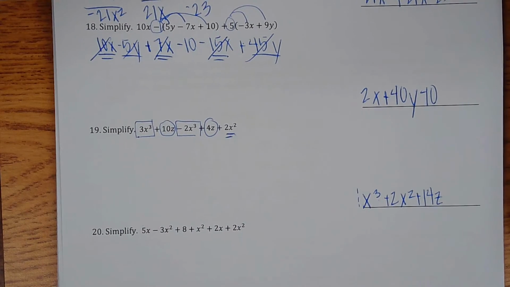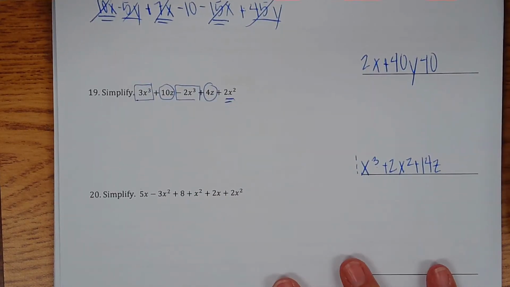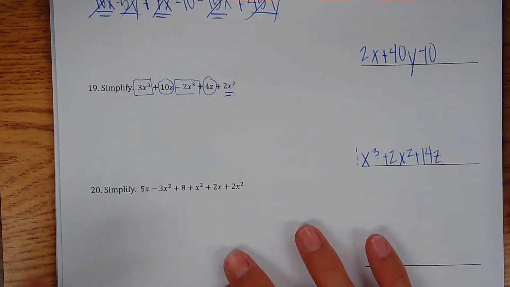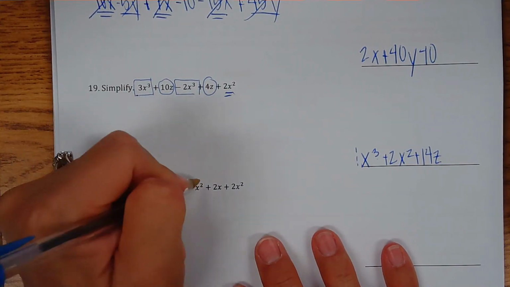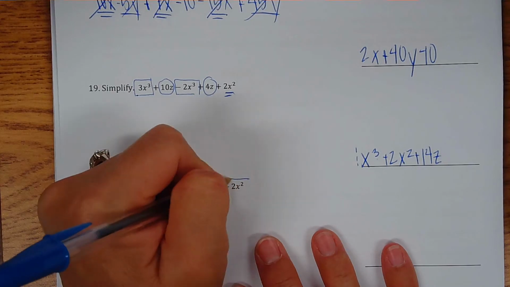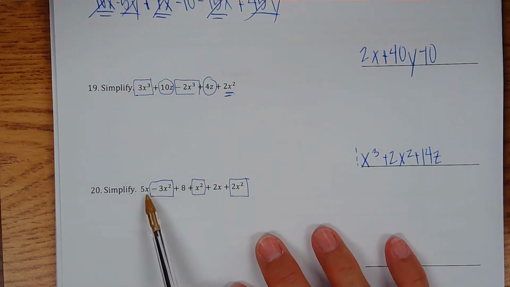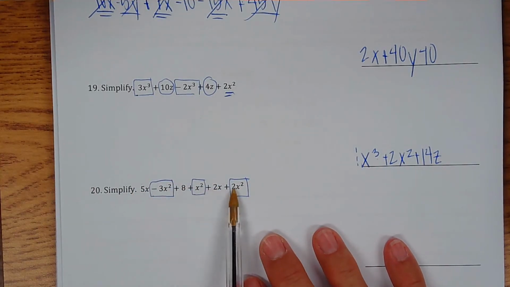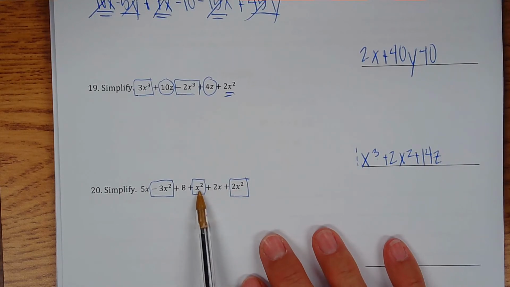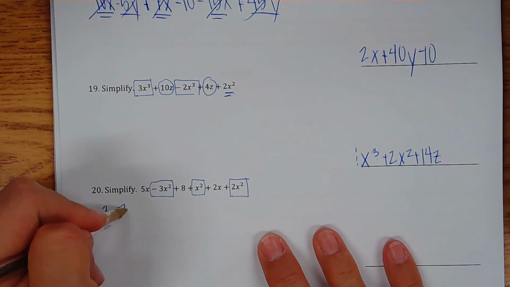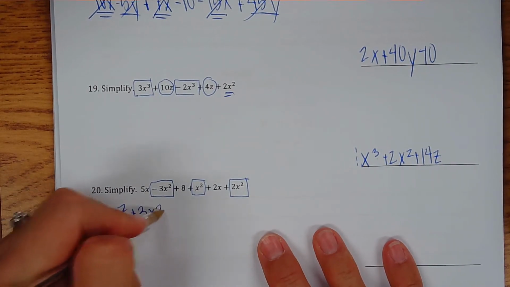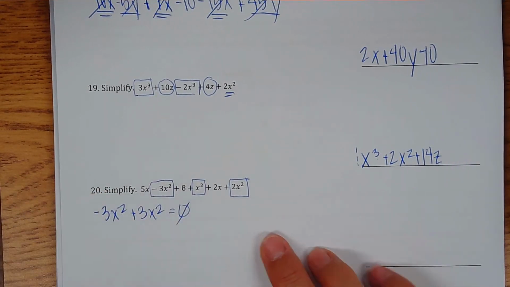Now again here, I'm going to start with my highest exponents just so I can write them down in order, which is going to be x squared. So I have a negative 3x squared, I have an x squared, and a 2x squared. Well, this would be a positive 3x squared, and this is a negative 3x squared. So if I have negative 3x squared and a positive 3x squared, they cancel out and equal 0.